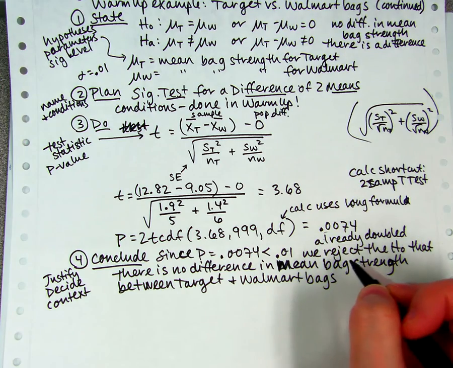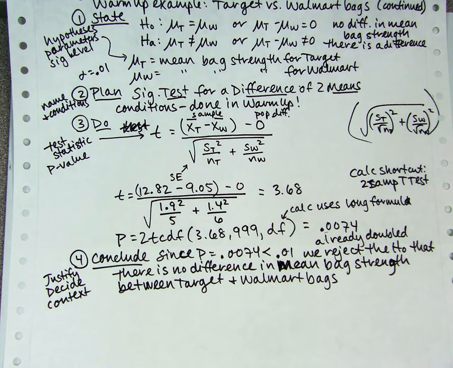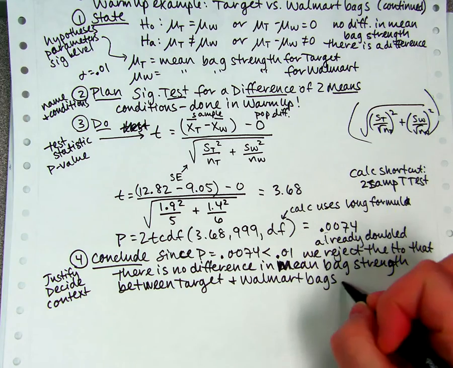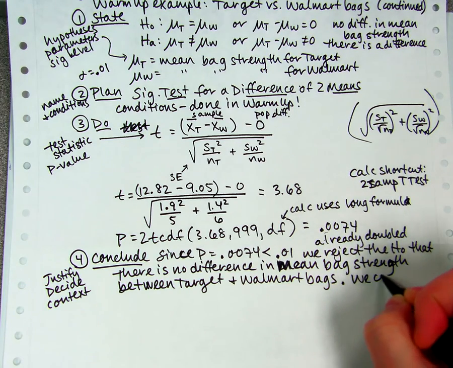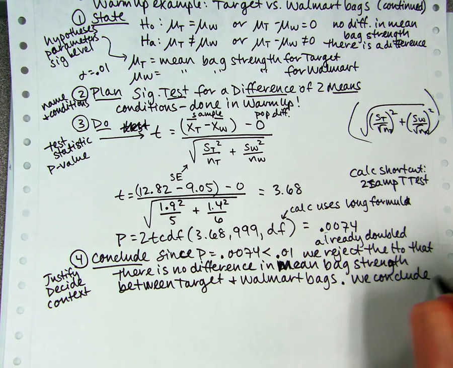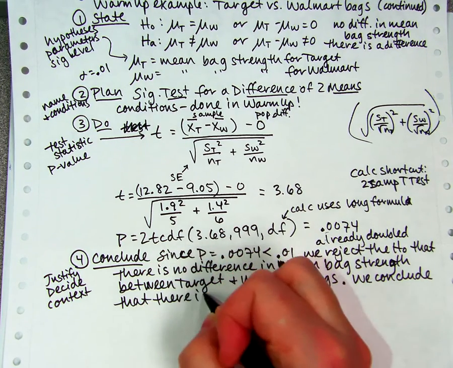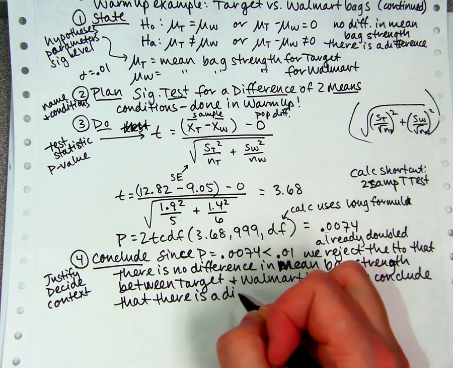And our confidence interval also confirmed this. The confidence interval showed that it was all positive, and so therefore that means Target bags are stronger. You can also tell that by the positive t-value. So we conclude that there is a difference. That's the statement about the alternate.